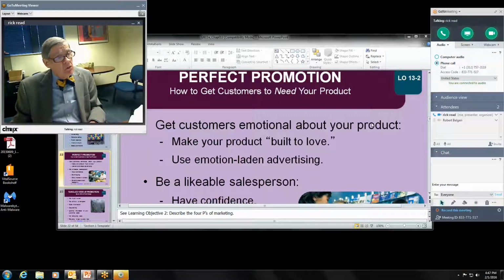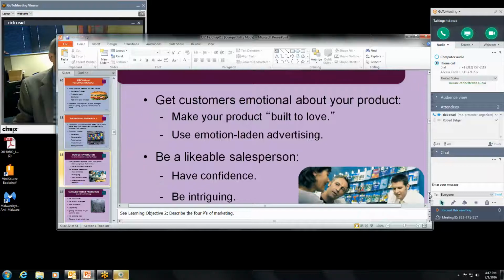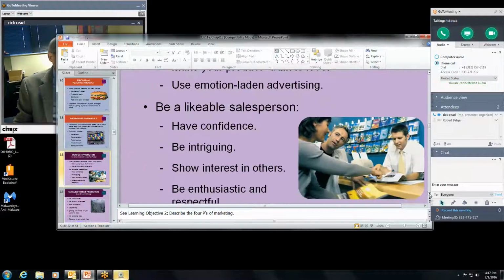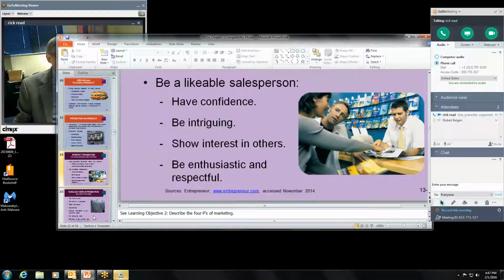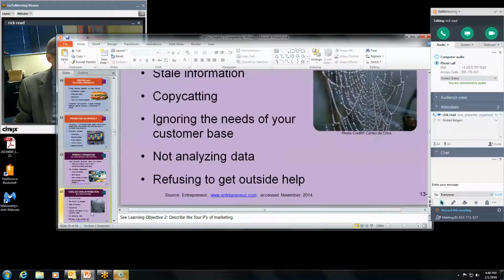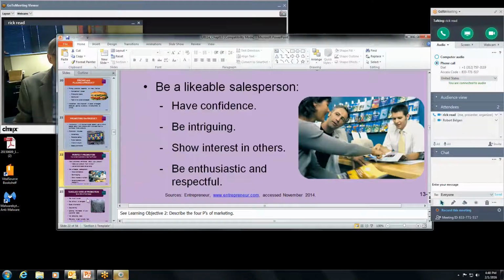But you certainly want it to be something that people can resonate with. It's something that they want. Motion-laden advertising, things of that nature. Good salespeople with confidence, etc. Showing interest goes back to some of the things we talked about before, and being respectful and enthusiastic, and of course, obviously, being truthful.